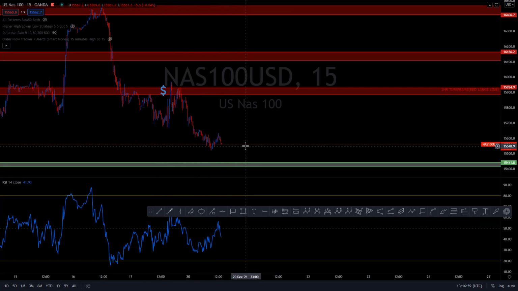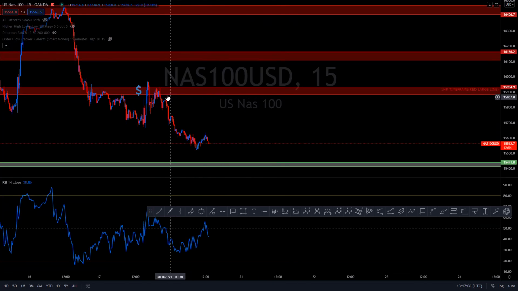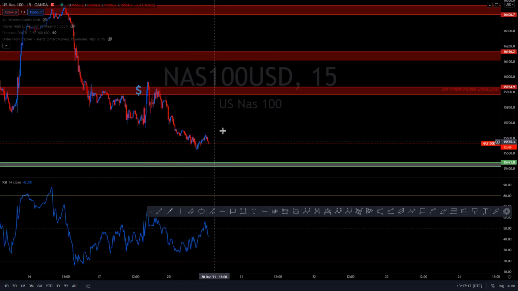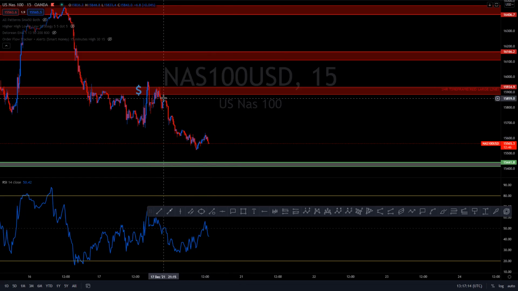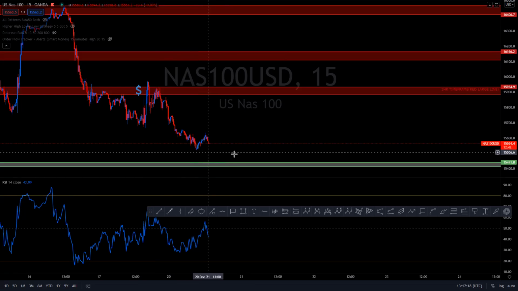The next thing we want to look for is really the last Harami candle, which I could see here. So they're going to have to mitigate all this imbalance here eventually. Okay. So this is the last Harami candle that I see here. I also kind of see it here as well.